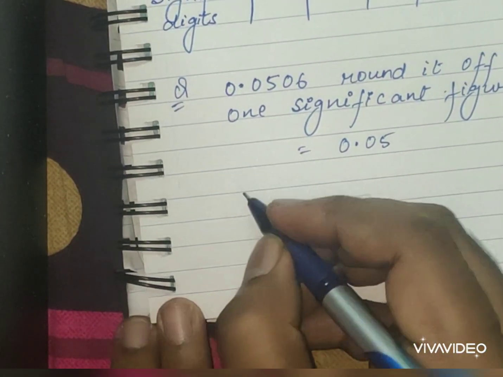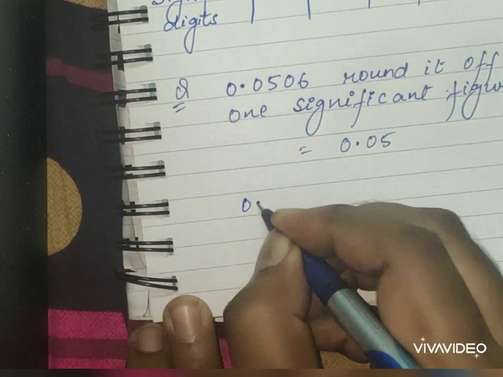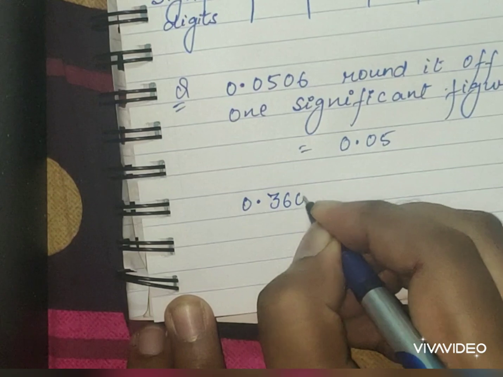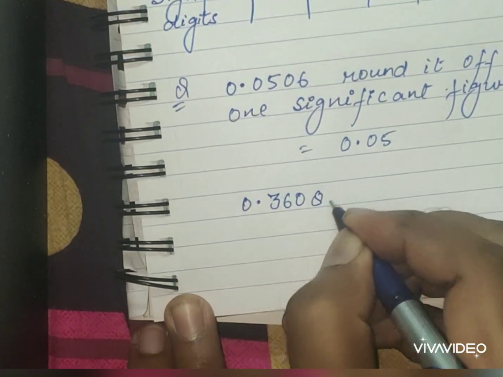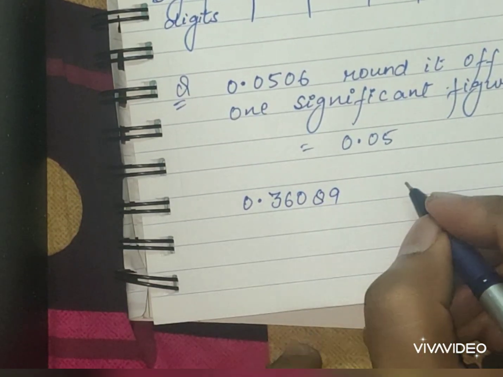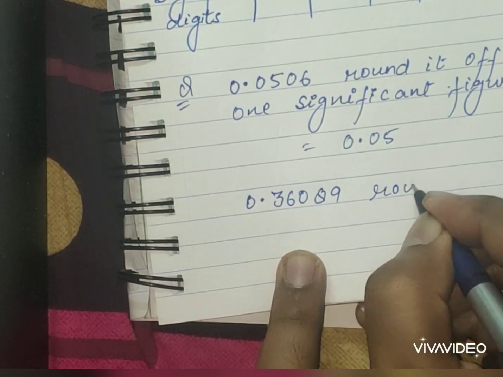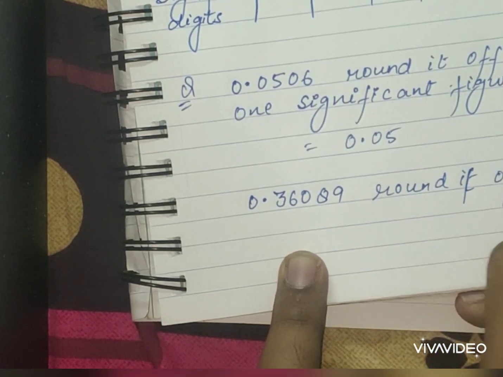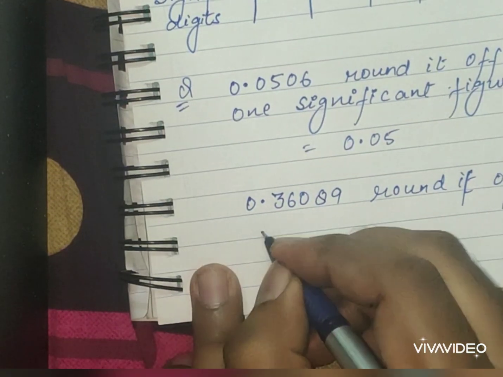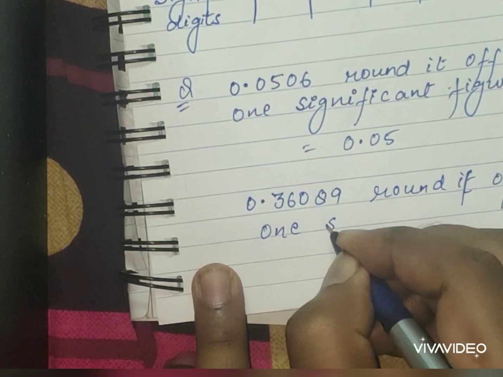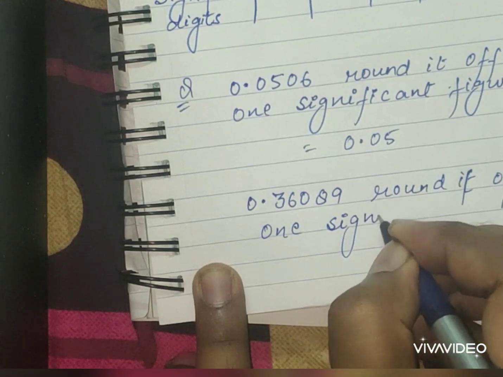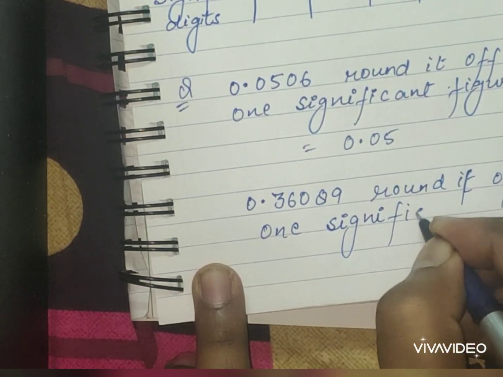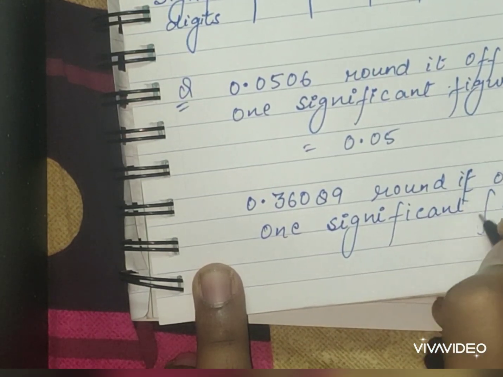Suppose the question is saying that 0.36089 is given and again round it off to one significant figure. The question is asking till one significant figure.